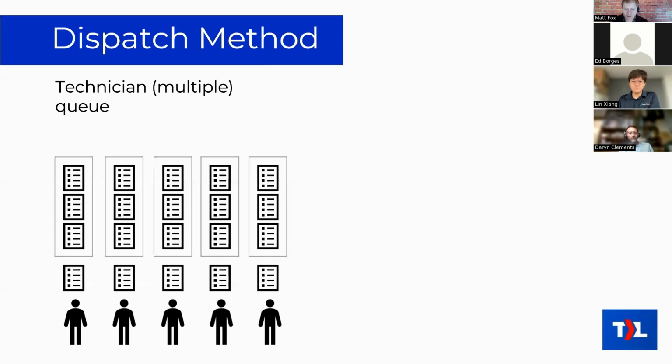This is what I call the technician queue, or multiple queues. This is where each technician in your team would have their own queue of work. When the work gets in, the dispatch process assigns it to a particular member, and then they have their own queue of work. I can compare this to something you can actually see with your eyes, like when you go to a grocery store.